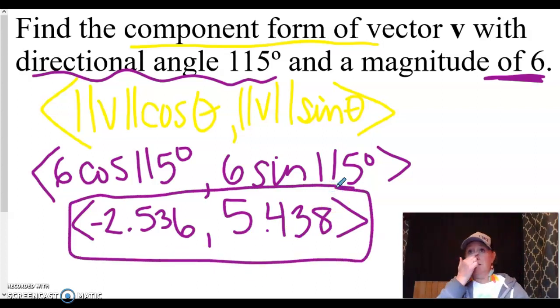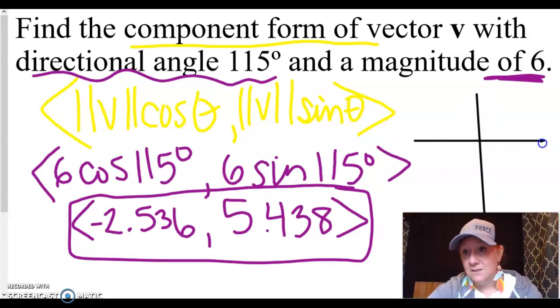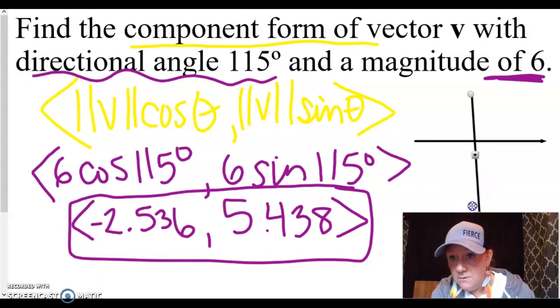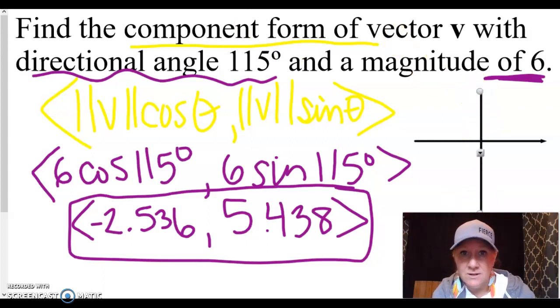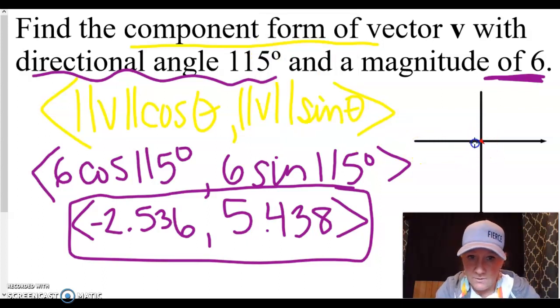And really what that does is it just tells me where this arrow vector is going. So I'm going to grab an arrow and make it red. If I do that, then it's starting here and it's going to go negative and then up.